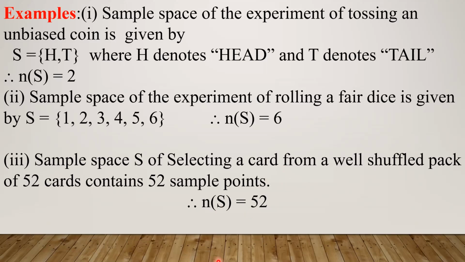Though I cannot write it down in the form of a sample space, because 52 means 13 heart cards, 13 diamond cards, 13 spade cards, or 13 club cards, and in each of those 1 to 10, then Jack, Queen and King. So there will be 52 choices, so the number of sample points will be 52.